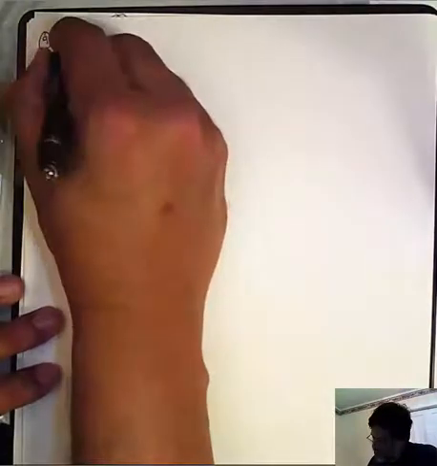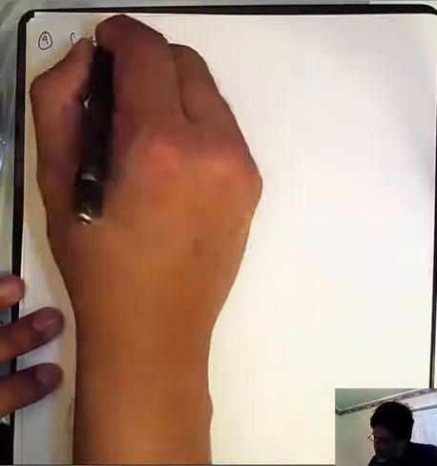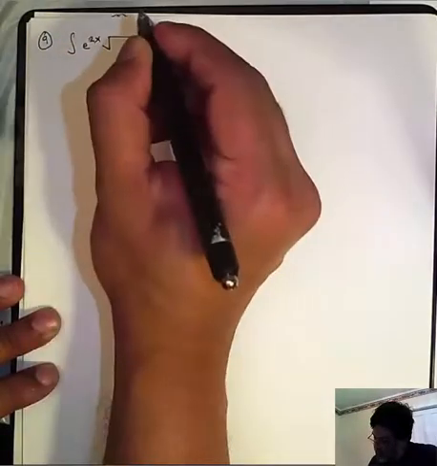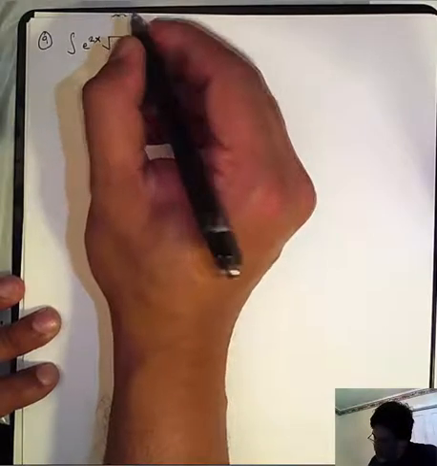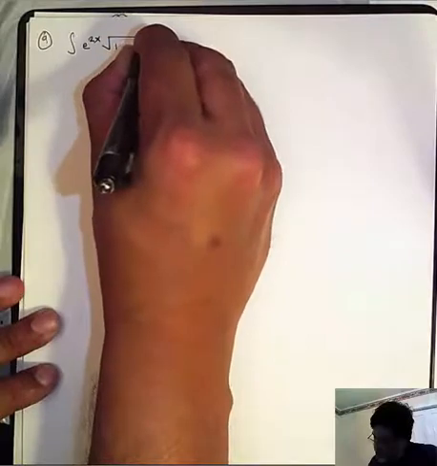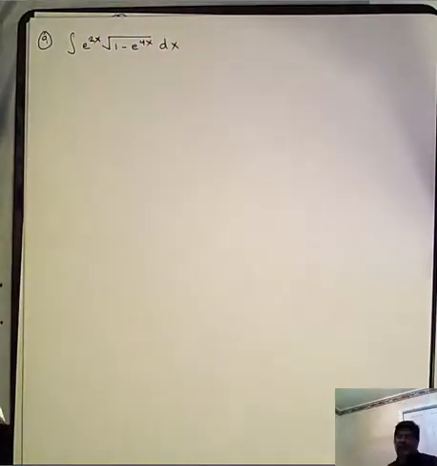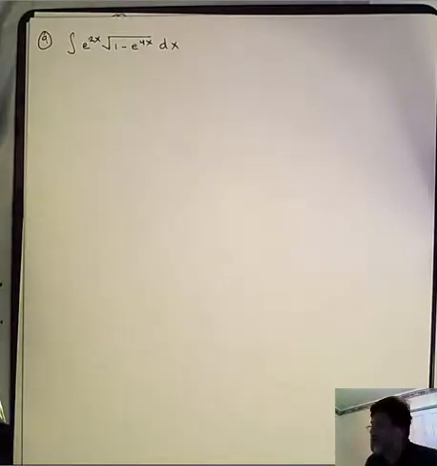Number 9 is the square root of 1 minus e to the 4x dx. Okay, so this is sort of a problem from the book, kind of like number 31 on section 8.4.